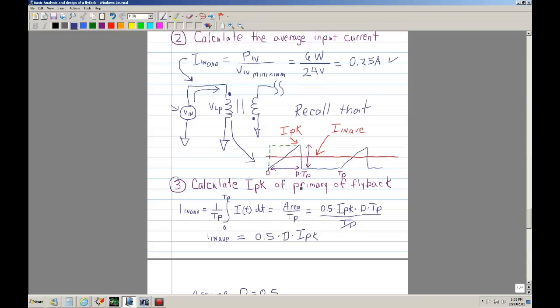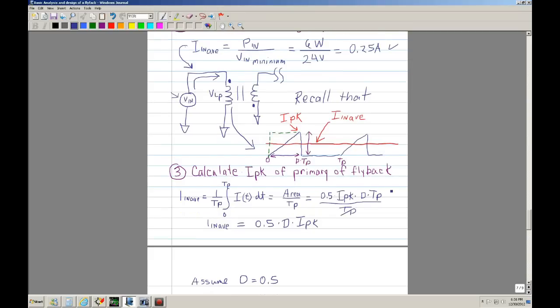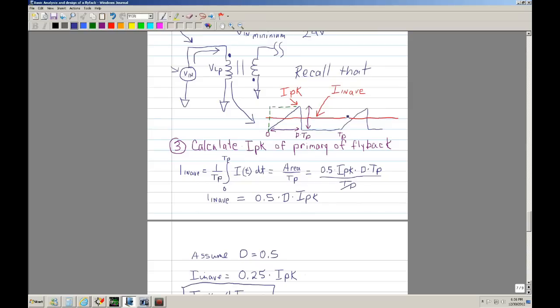If you have this waveform, you can calculate the I peak, or the peak current of the primary of the transformer. To develop a relationship between I in average and I peak, you can integrate or average the sawtooth of the peak current.